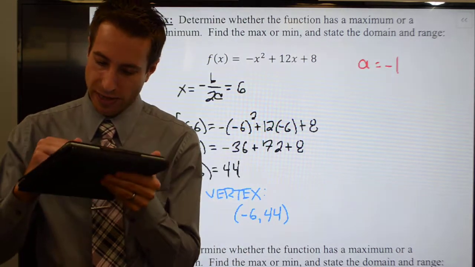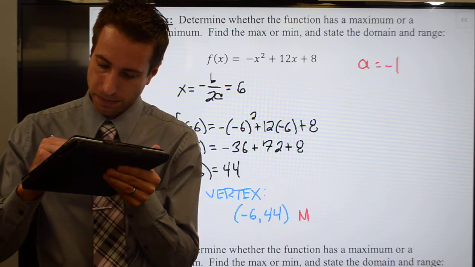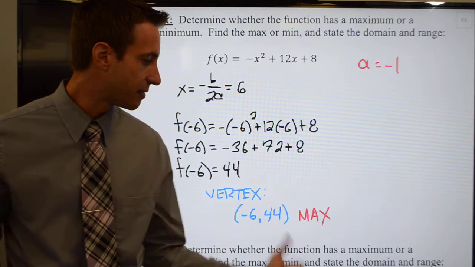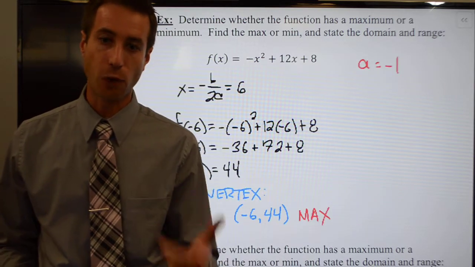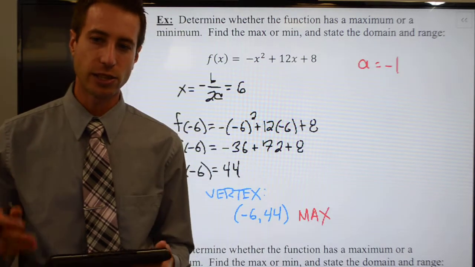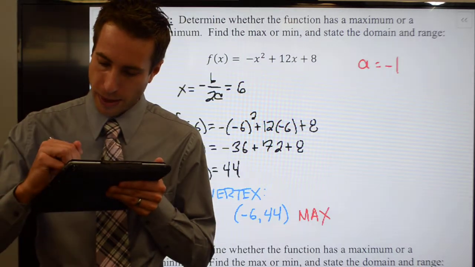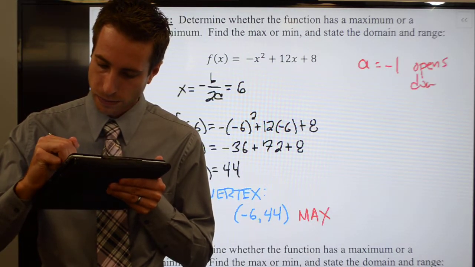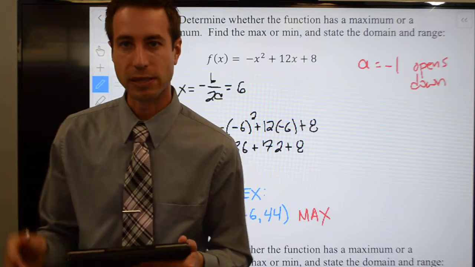So I now know that this is a maximum. It's a maximum at negative 6, positive 44. And the last thing that they ask you to do is go ahead, actually let me write that for you. That means it opens down. Again, that was on the previous page of the notes.